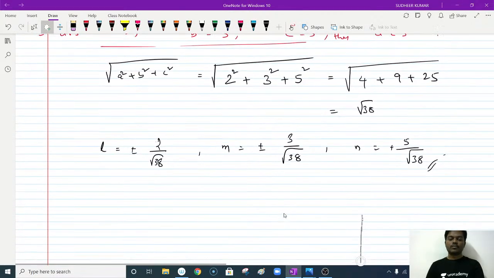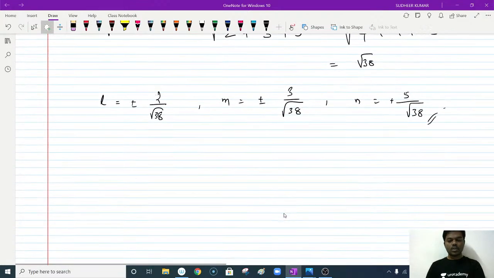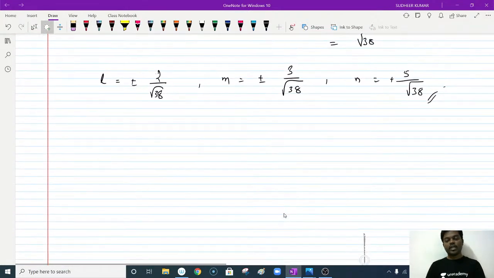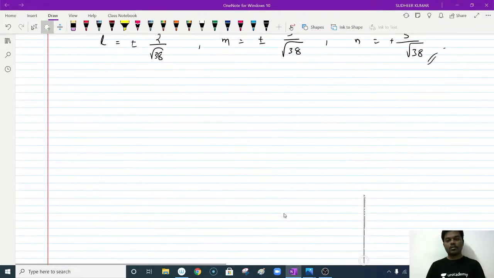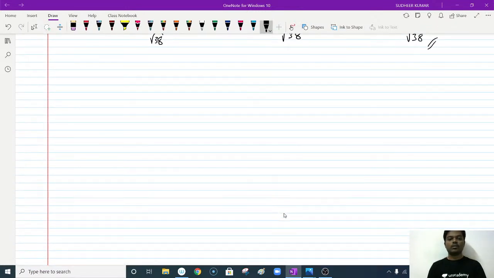Then we'll see the relation between direction cosines of a line. So the next one is the relation between direction cosines. Direction cosines of a line.